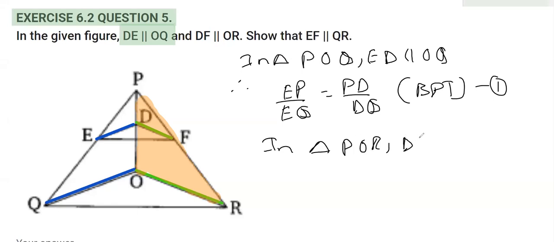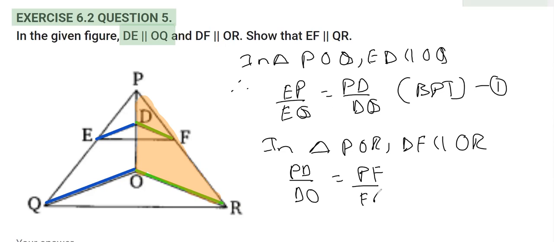Here too, DF is given parallel to OR. Therefore, applying BPT, we can say that PD over DO is equal to PF over FR. Same reason, that is BPT. And this is equation 2.